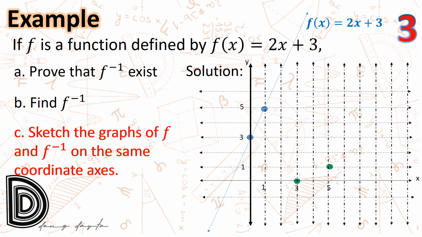So this now is the graph for inverse f of x equals x minus 3 all over 2. Notice how these graphs of the two functions are positioned with respect to the line y equals x. And that will be taken up in the lesson graphing inverse functions.